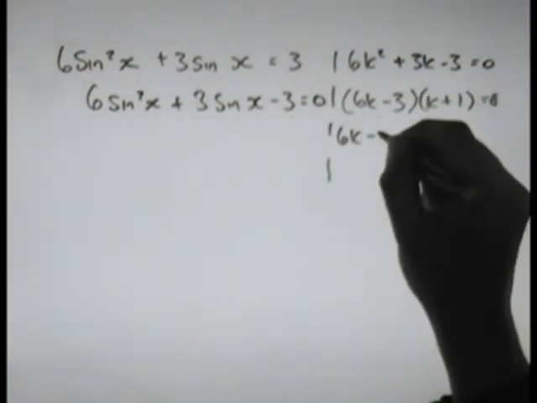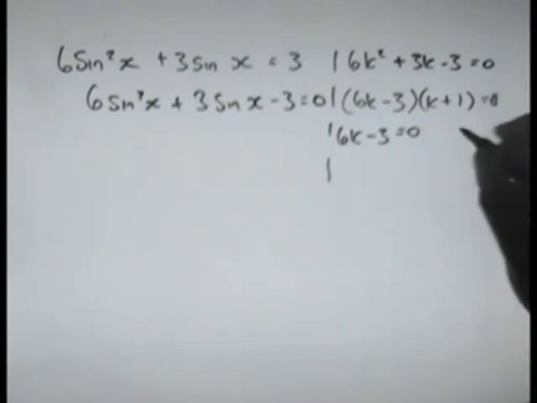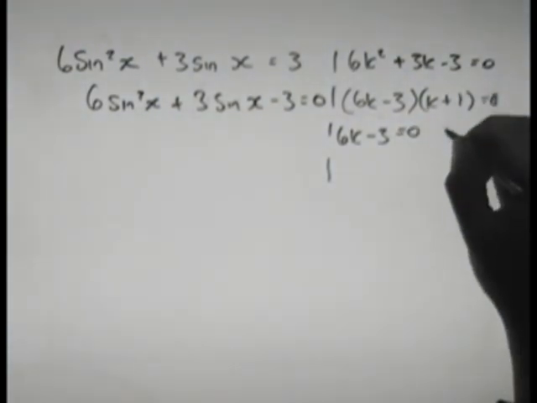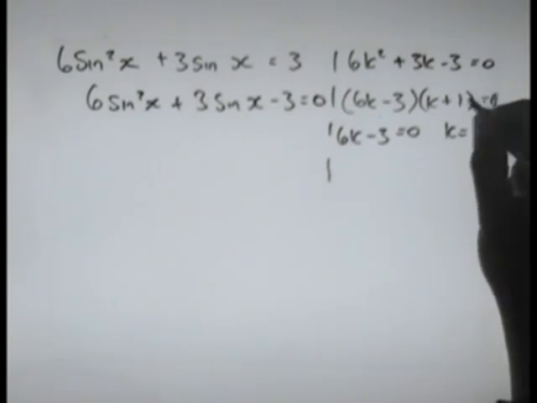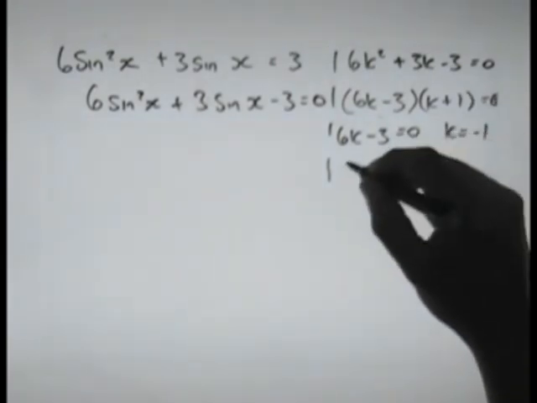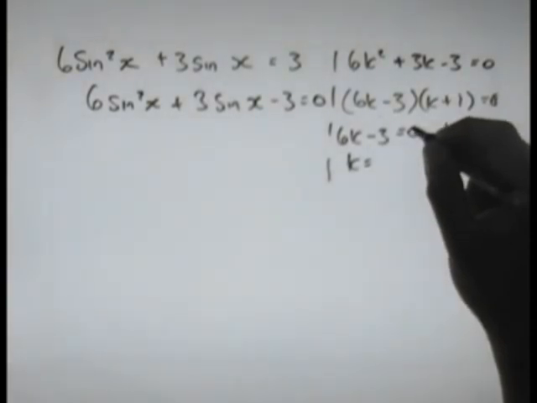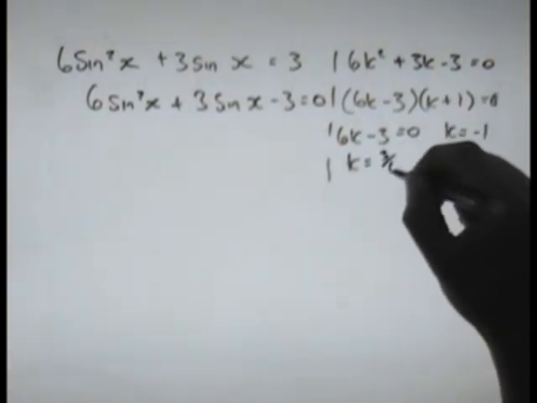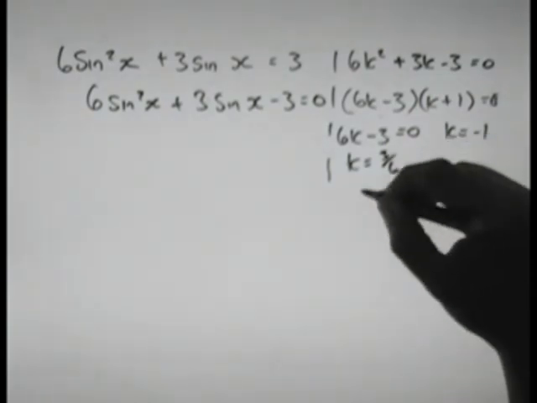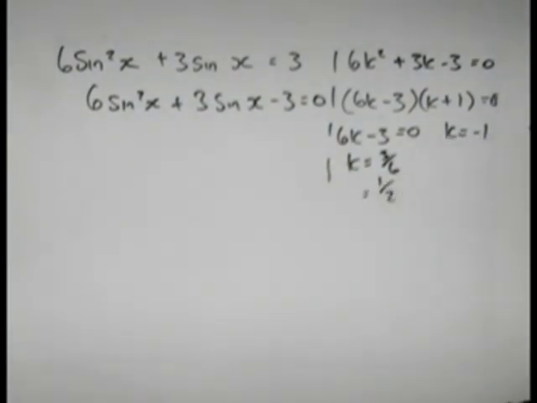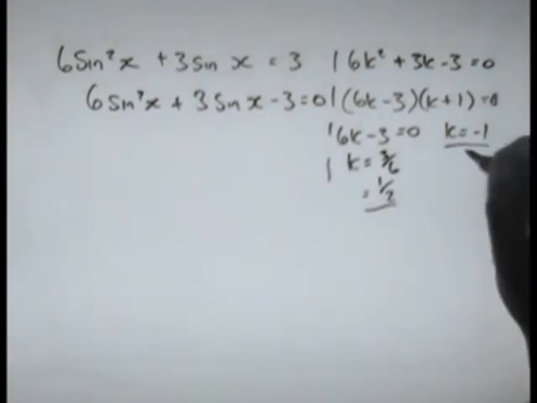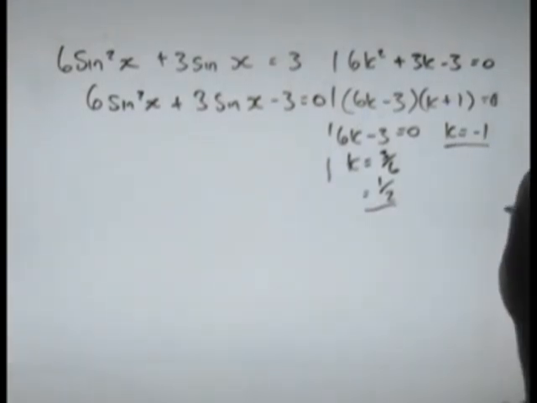That means that 6k minus 3 is equal to 0, or k is equal to negative 1. For this one, k is equal to negative 3 across becomes positive 3 over 6, which is the same as 1 over 2. So k is either equal to 1 over 2 or k is equal to negative 1.